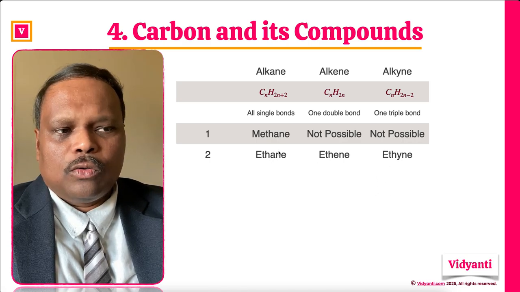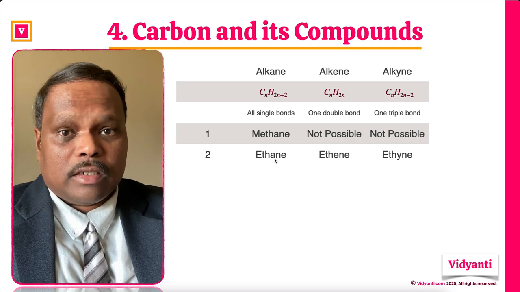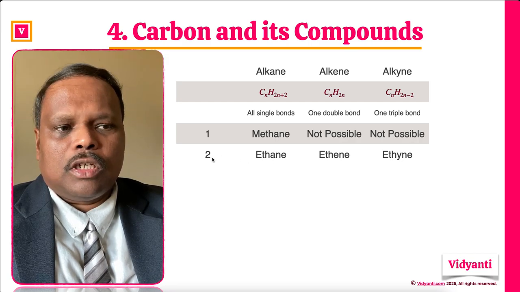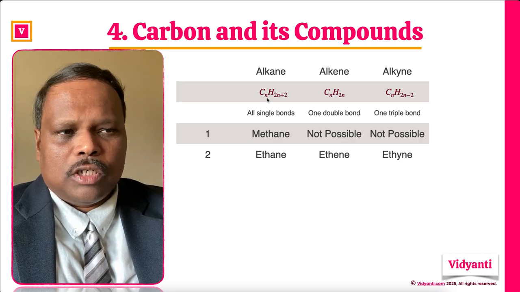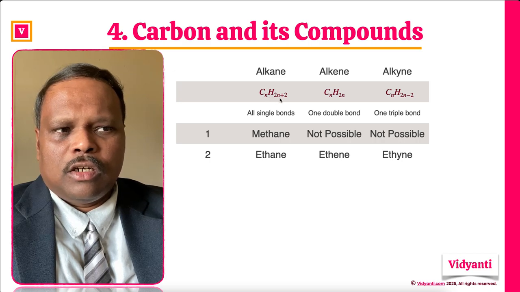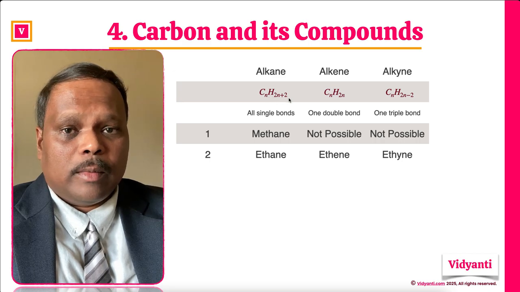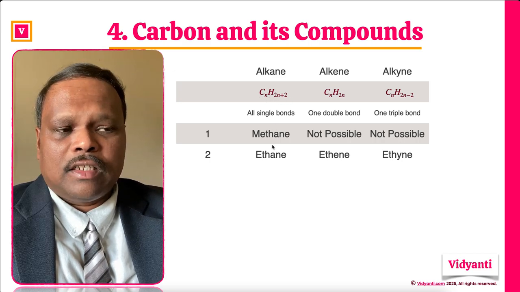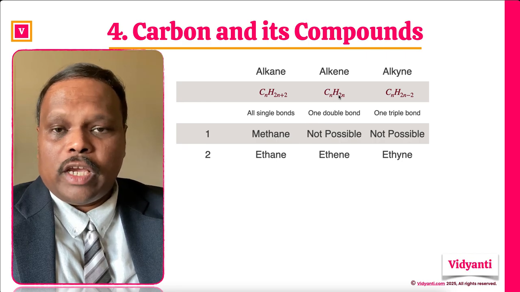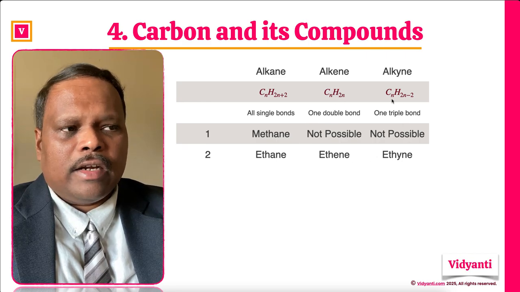If you want to find the chemical formula of ethane, the number of carbon atoms is 2, so it will be C2H twice of 2 plus 2, that is 6. So C2H6 will be ethane, C2H4 will be ethene, and C2H2 will be ethyne.